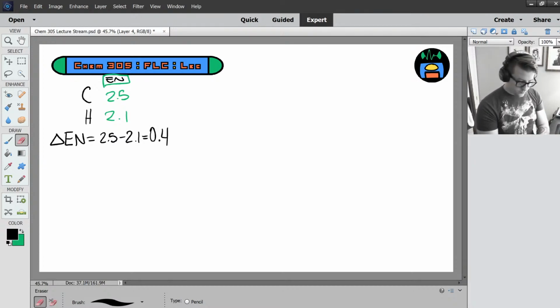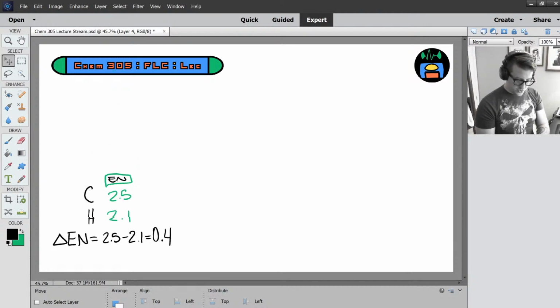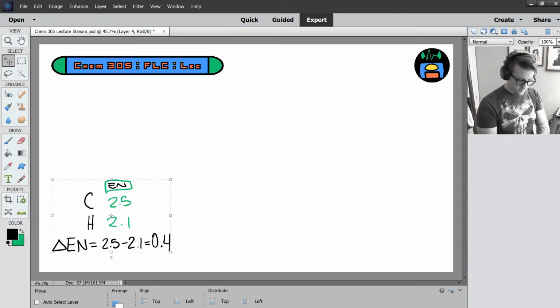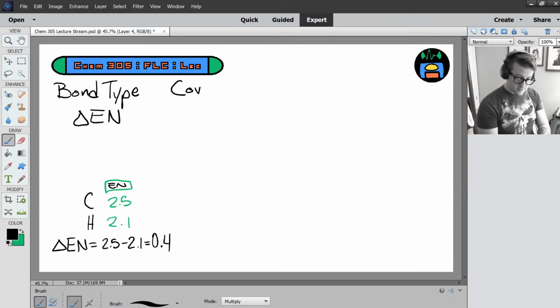And actually, I want to restructure this page just a little bit. So let's look at bond type and compare it to the difference in electronegativities.